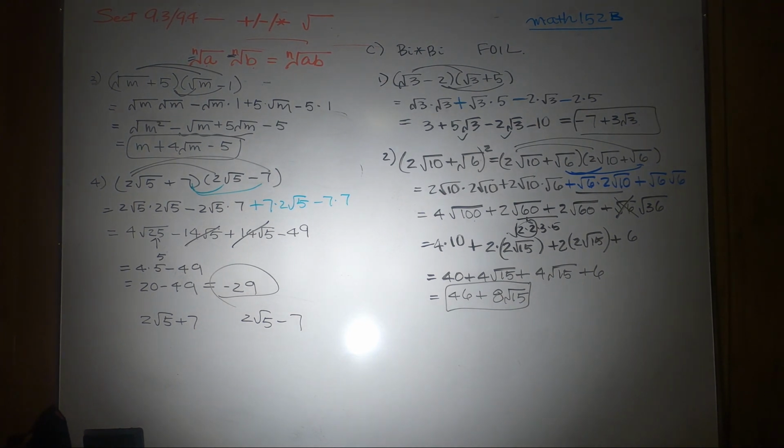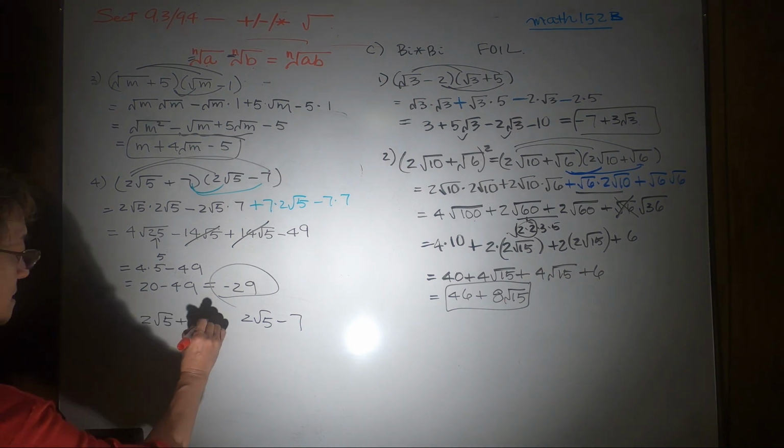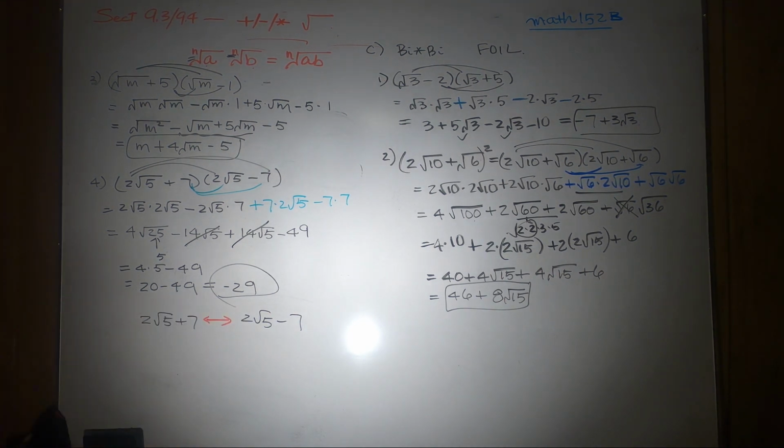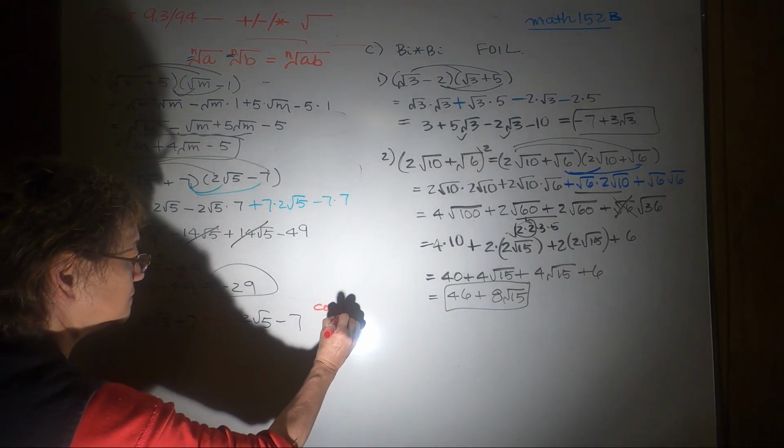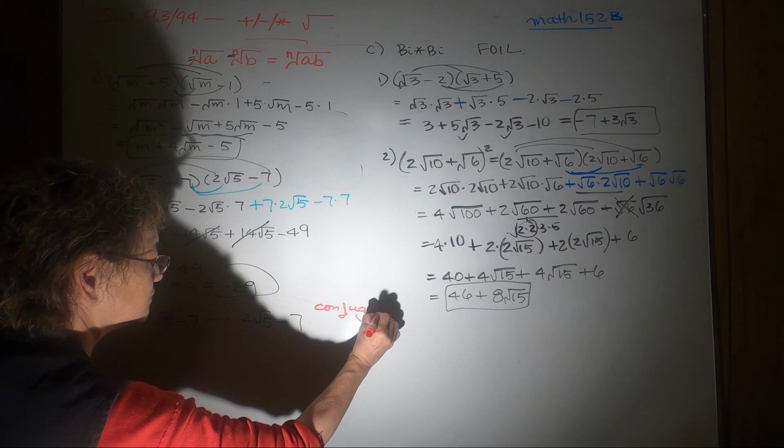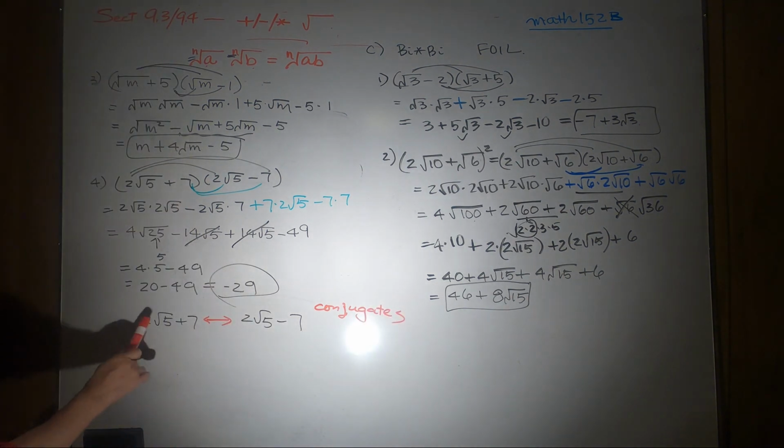Then you only have regular numbers left. A condition like this is a special case. We call these two numbers conjugates. That means same numbers, but one is plus and one is minus.